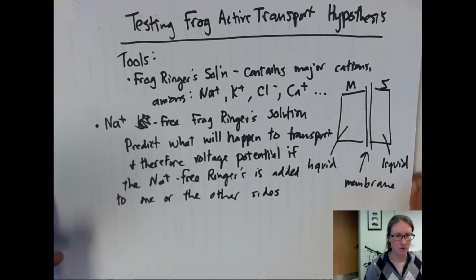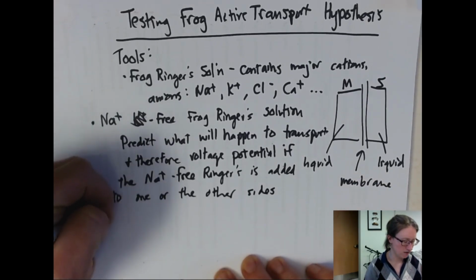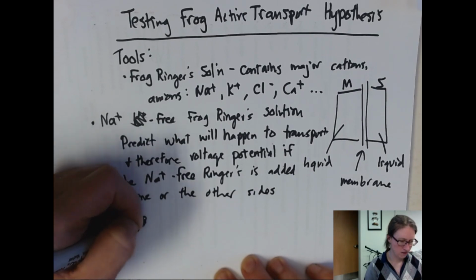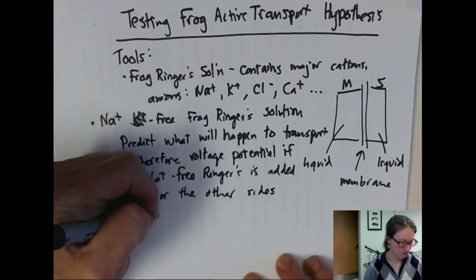Along with that, we have a couple of drugs that have known functions. So one of the drugs is amiloride. And amiloride is often used to restore blood potassium levels back to normal in patients that have high blood pressure.